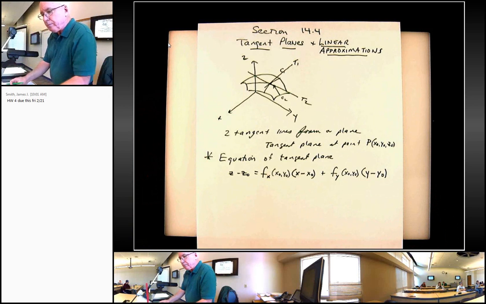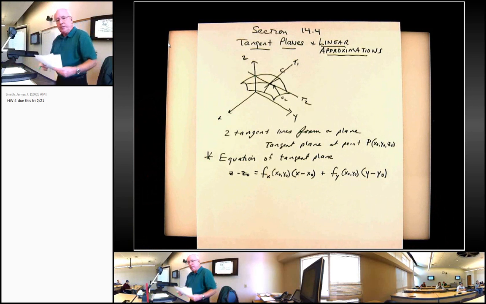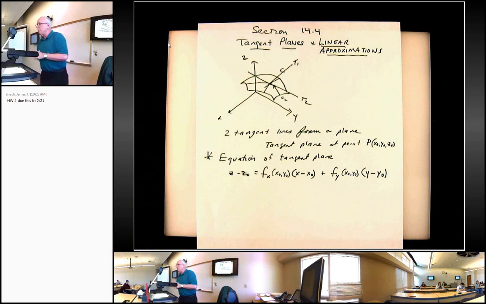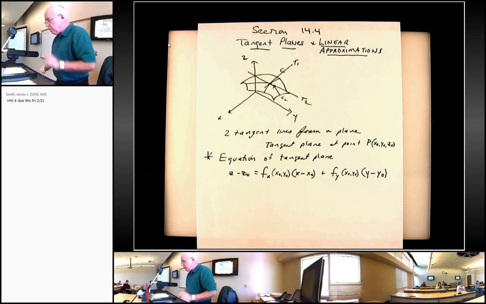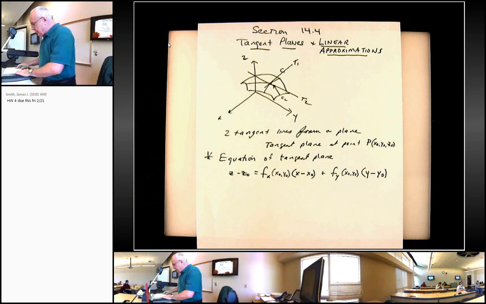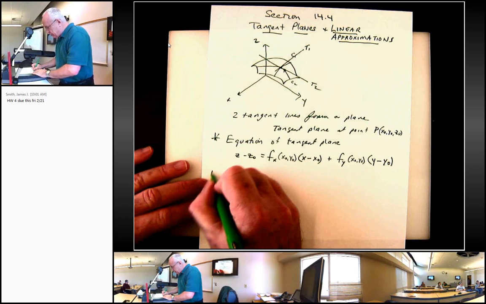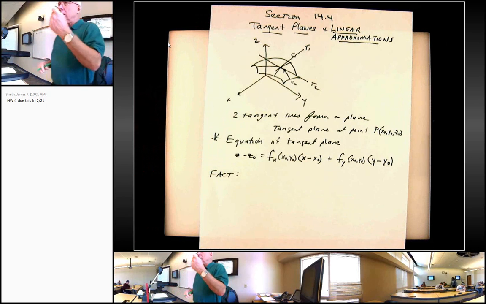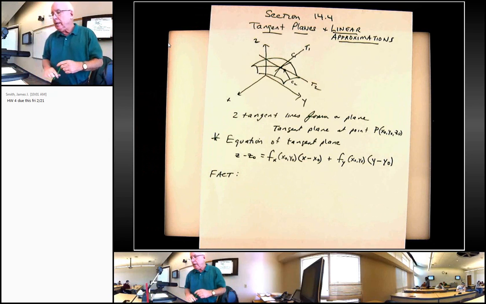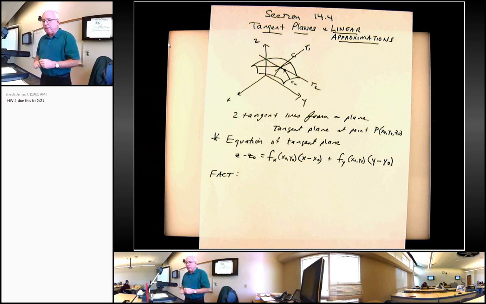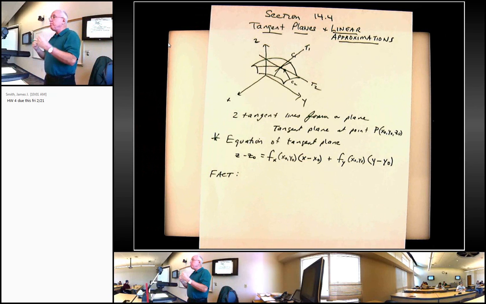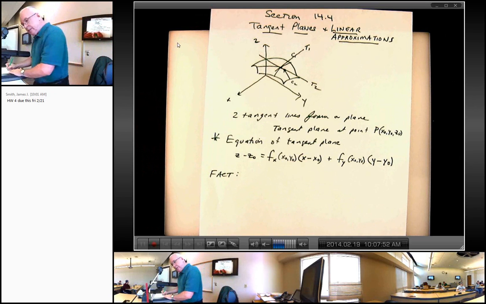All right. We did an example last time where we were given a surface and we found the tangent plane. Now, the fact here about this tangent plane is this. This tangent plane at point P is the plane that most closely approximates the surface at or near that point P. So let me write this down.